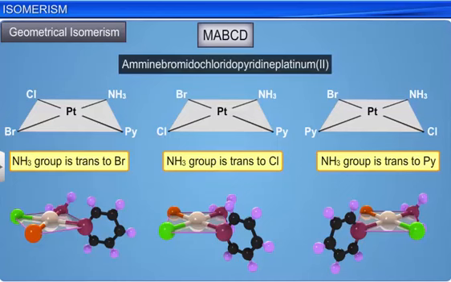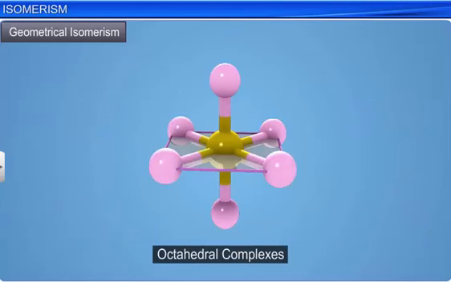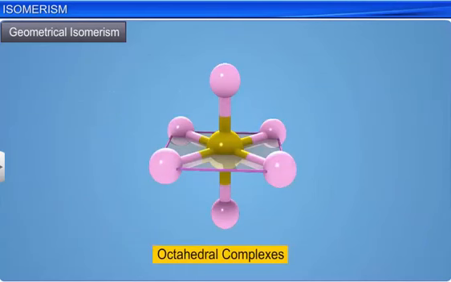Now, let's look at the geometrical isomerism in octahedral complexes. Ma6 or Ma5b types of octahedral complexes do not show geometrical isomerism.